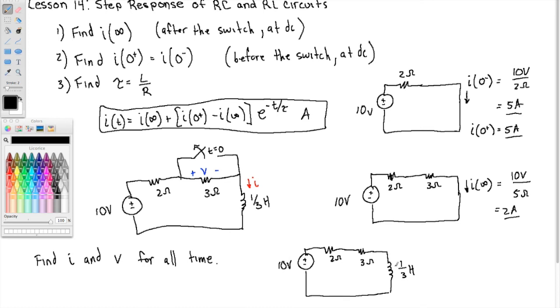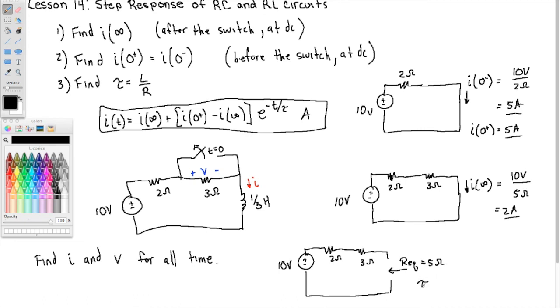In other words, what is the equivalent resistance at the inductor terminals? We're looking for this equivalent resistance. And so you turn off the voltage source, and we have 3 ohms in series with 2 ohms, so we know that that's 5 ohms.